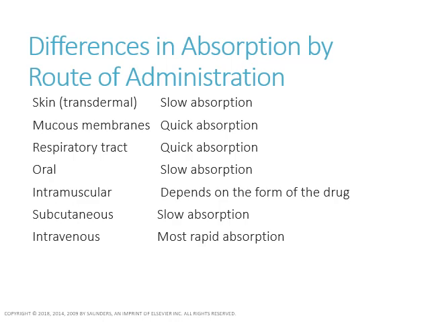Intramuscular is going to depend on the form of the drug, and intravenous is going to be the most rapid route of administration for absorption purposes. You want to remember that intravenous or IV is the fastest, the most rapid route of absorption.